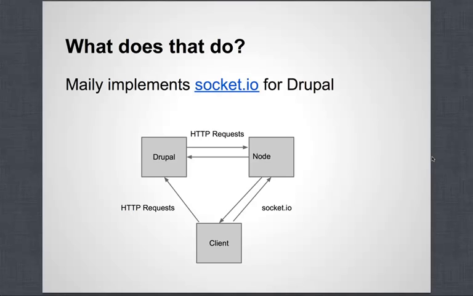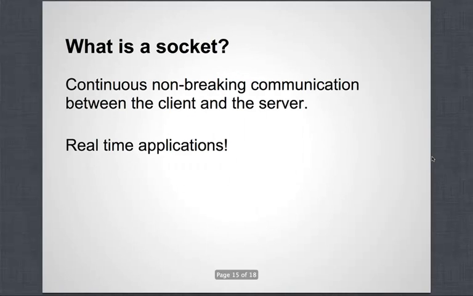So that whole mechanism is just to allow the push notifications. The idea of this is embracing the power of Node.js and embracing the power of Drupal and using them both for what they're really good at. So that's why that module exists.